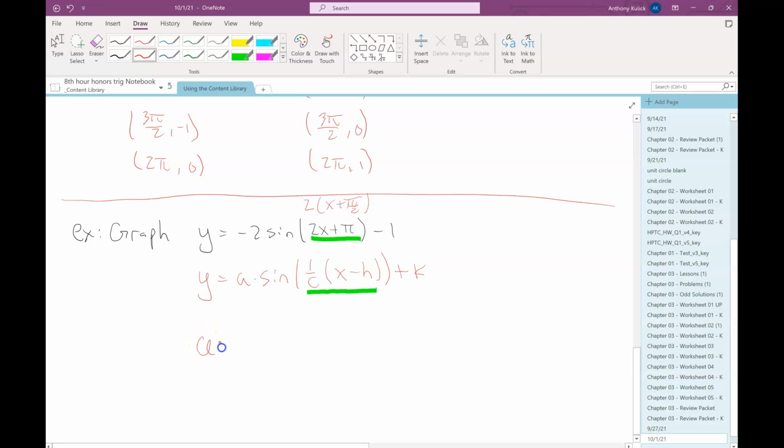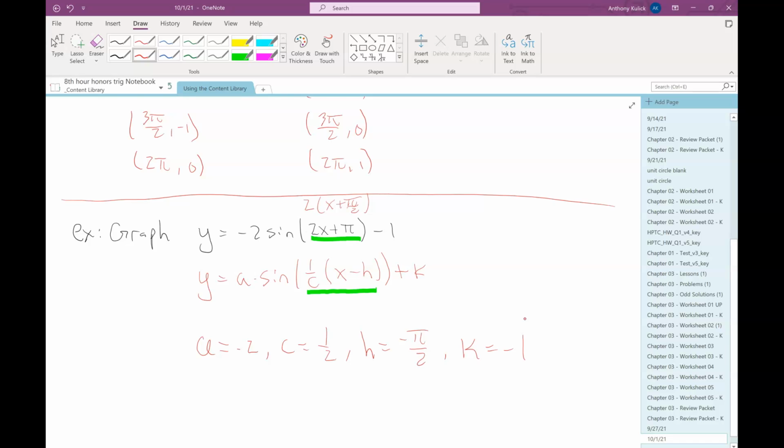So my A then is -2. My C then is 1/2. My H then is -pi over 2. And my K is -1. Any questions on how I got any of that? Take a look for a moment. If you're good, I'm good.